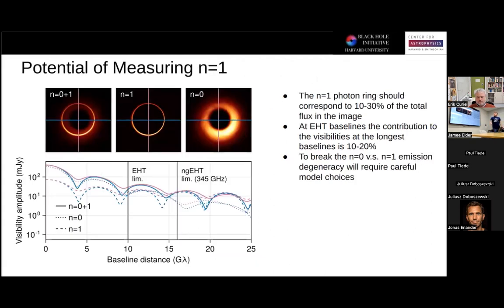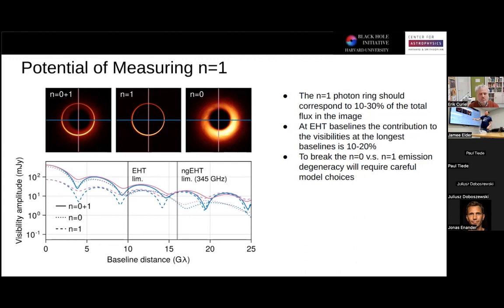What we're really trying to do is see whether we have a shot at measuring this n=1 photon ring. Here are the visibility amplitudes, the amplitudes of those Fourier components. I've split this into n=0+1, the solid lines, the n=1 emission, the dashed lines, and the n=0 emission, the dotted lines.